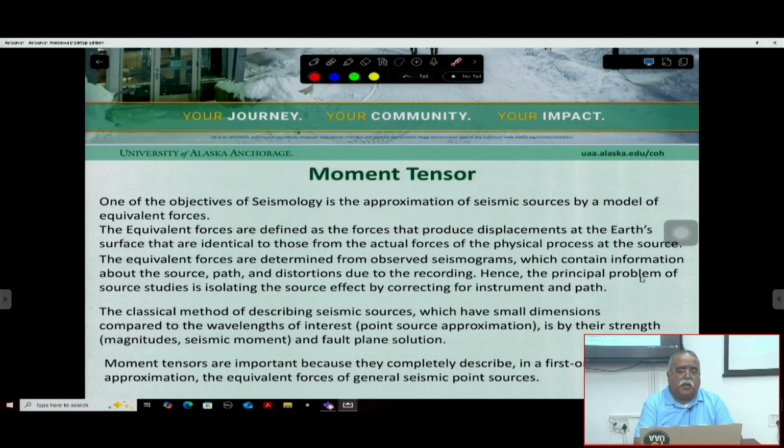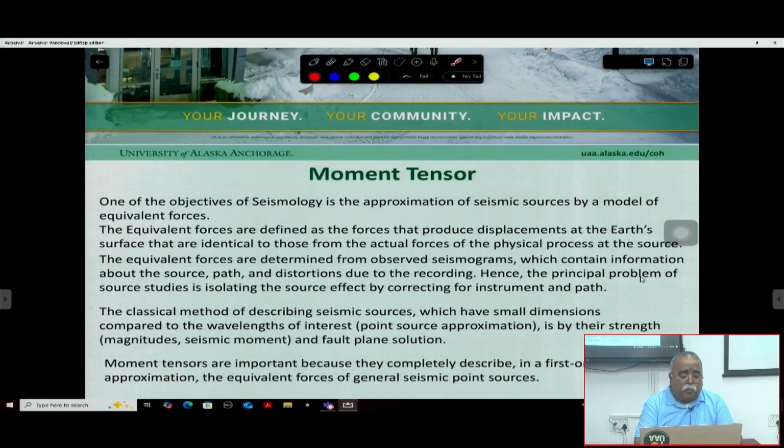The basic part of seismology and of this recording is that the earthquake is created due to some force at the source. This force we call an equivalent force, and it creates a motion at the source, and from there the seismic wave comes up, passes through the earth material, and is recorded at the recording station.